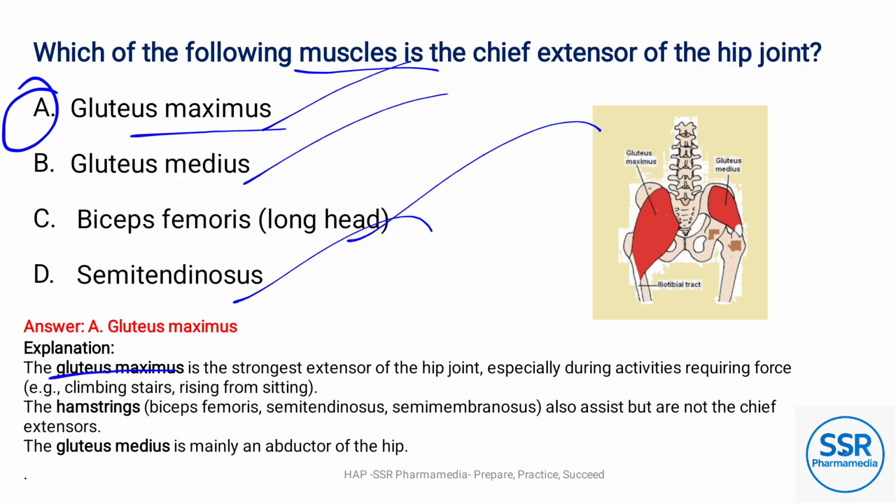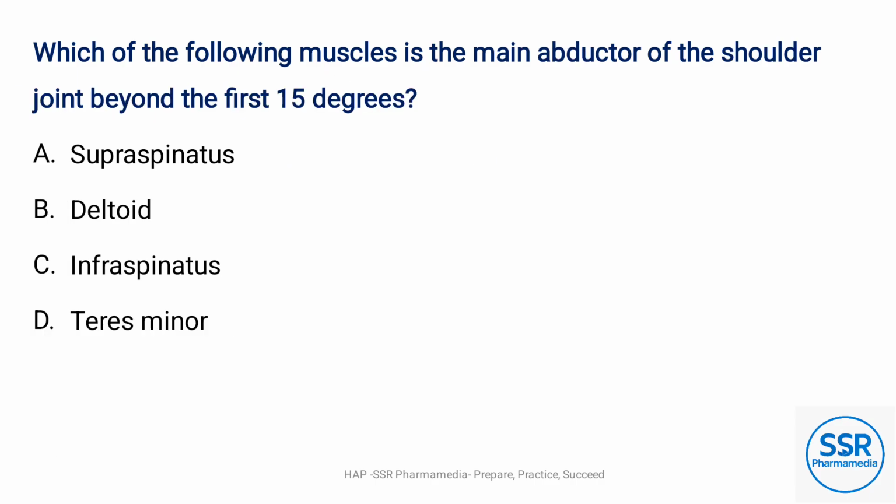Gluteus maximus is the strongest extensor of the hip joint, especially during activities requiring force. Gluteus medius is mainly a type of abductor of the hip.